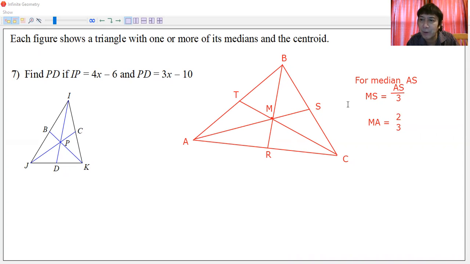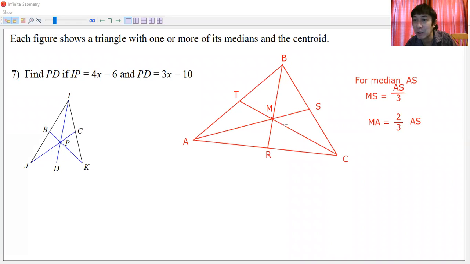We will write it this way, 2/3 of AS. That means the ratio of MA to MS is 2:1. So it's like dividing the median AS by 3, and one part is MS and two parts are MA.